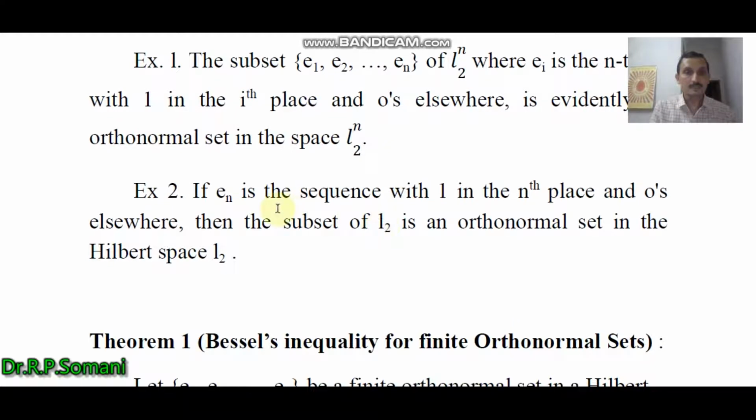The second example: if en is the sequence with 1 in the nth place and zeros elsewhere, then the subset {en} is an orthonormal set in the Hilbert space l2. So we considered here two examples. One is from l2^n and the other is from l2. In example 1, there are n-tuples, and in example 2, the elements are of sequence type, or infinite tuples.